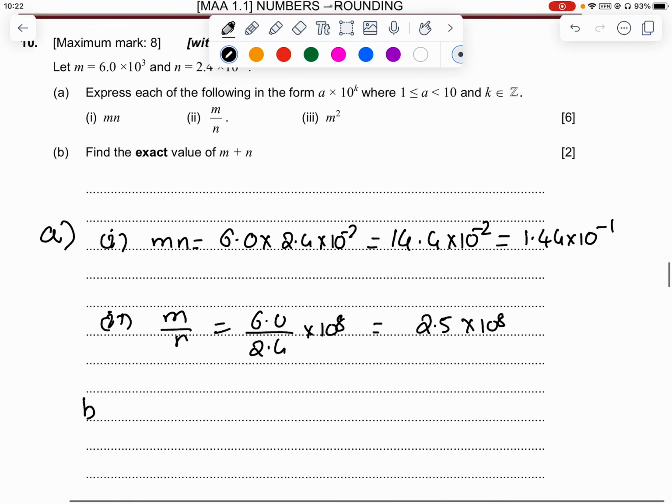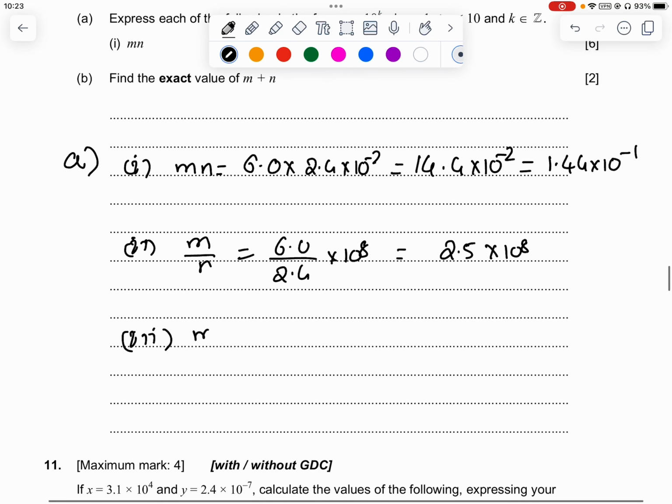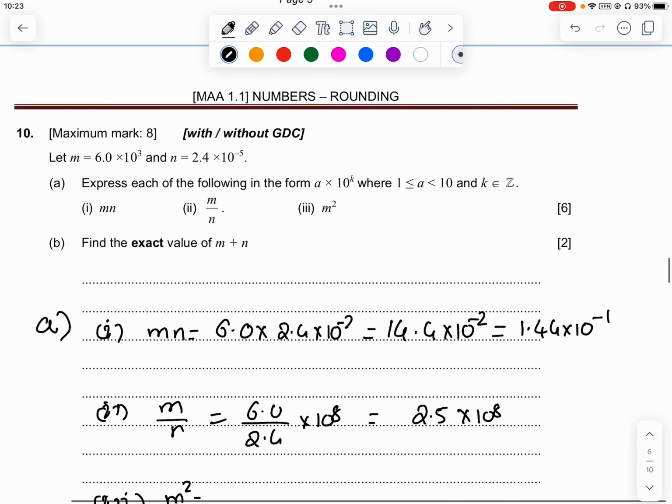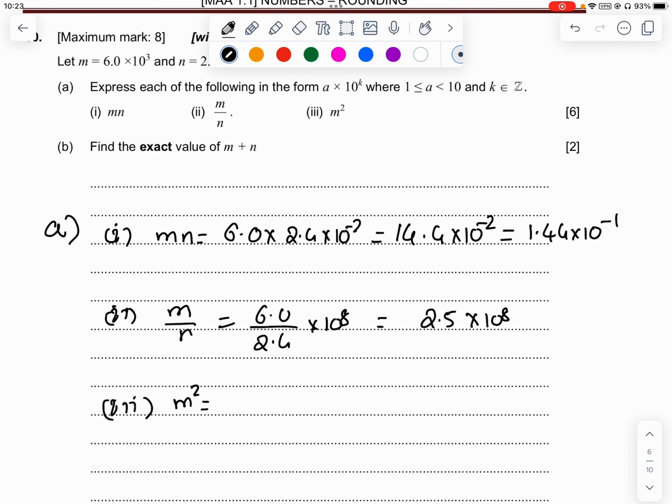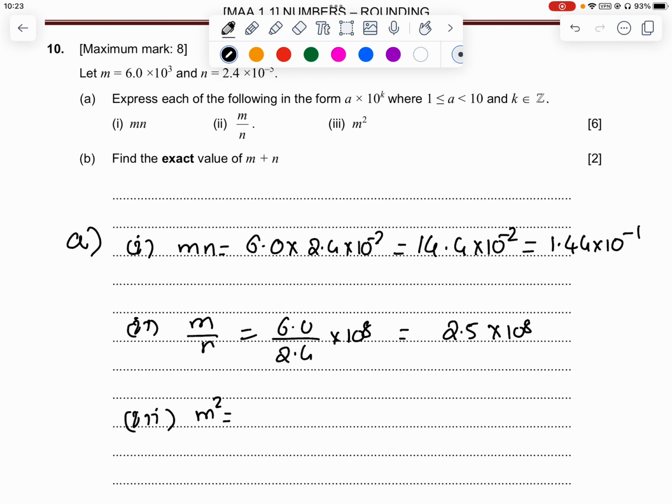Then part 3 asks for M square, which is 6.0 times 10 power 3, whole squared. So that is 36 times 10 power 6, which is 3.6 times 10 power 7.